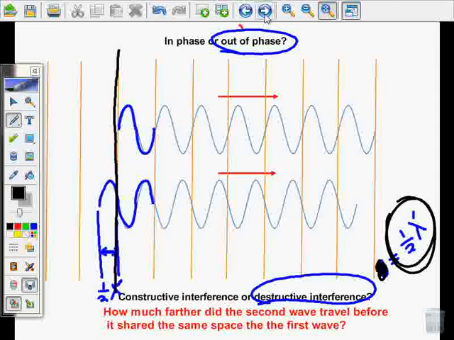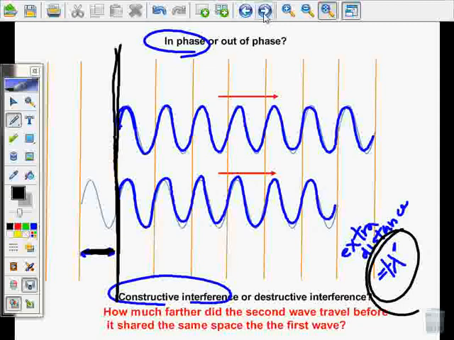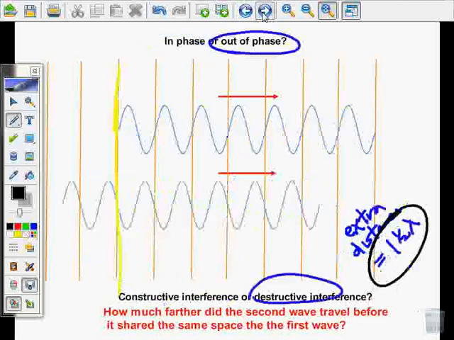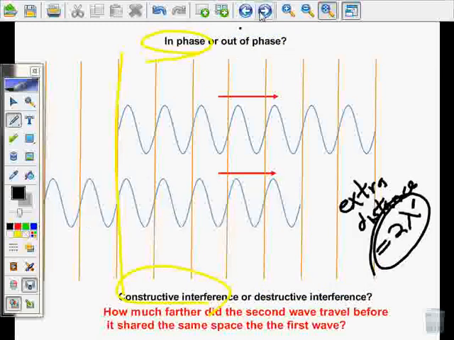No. 1 full wavelength? Did that give us constructive? Yes. And that's what Jamie said. Extra distance, 1.5 wavelength? Did that give us constructive interference? No. 2 wavelength? Did that give us constructive interference? Yes. So what's another value of the extra distance that'll give constructive interference?